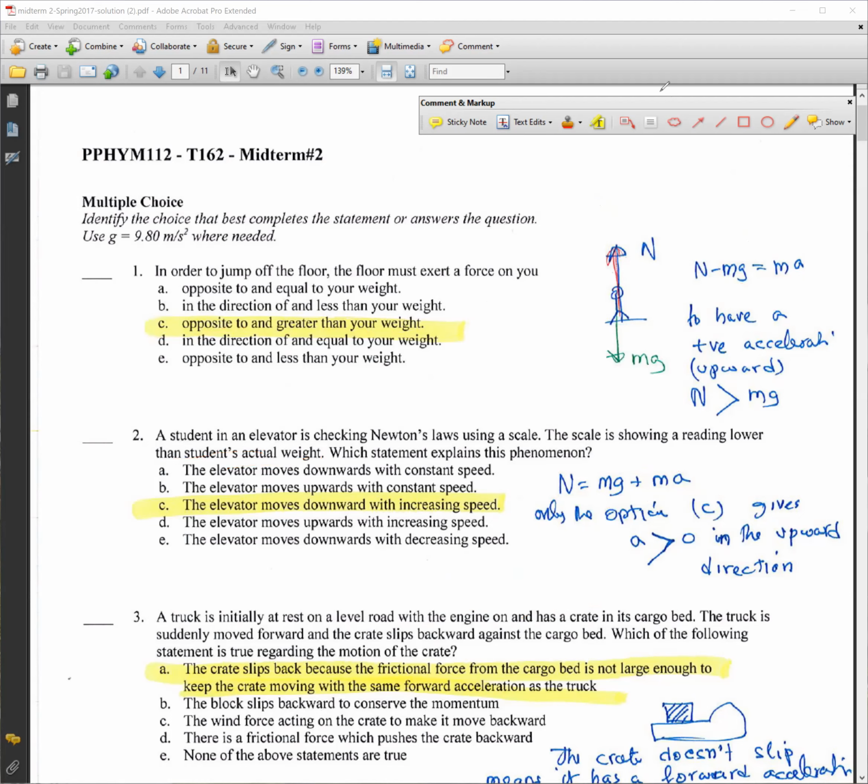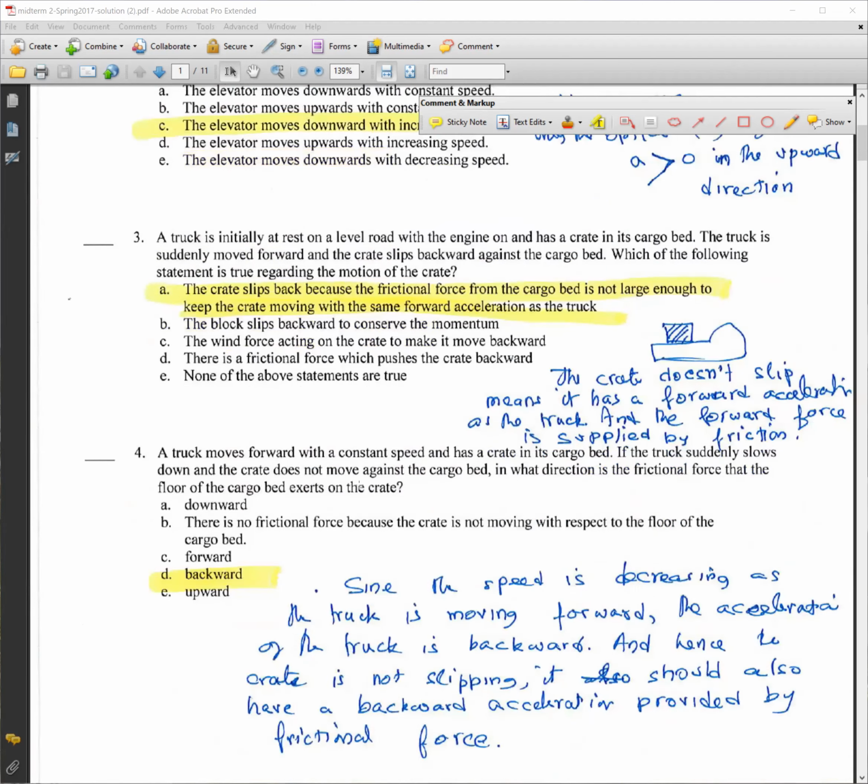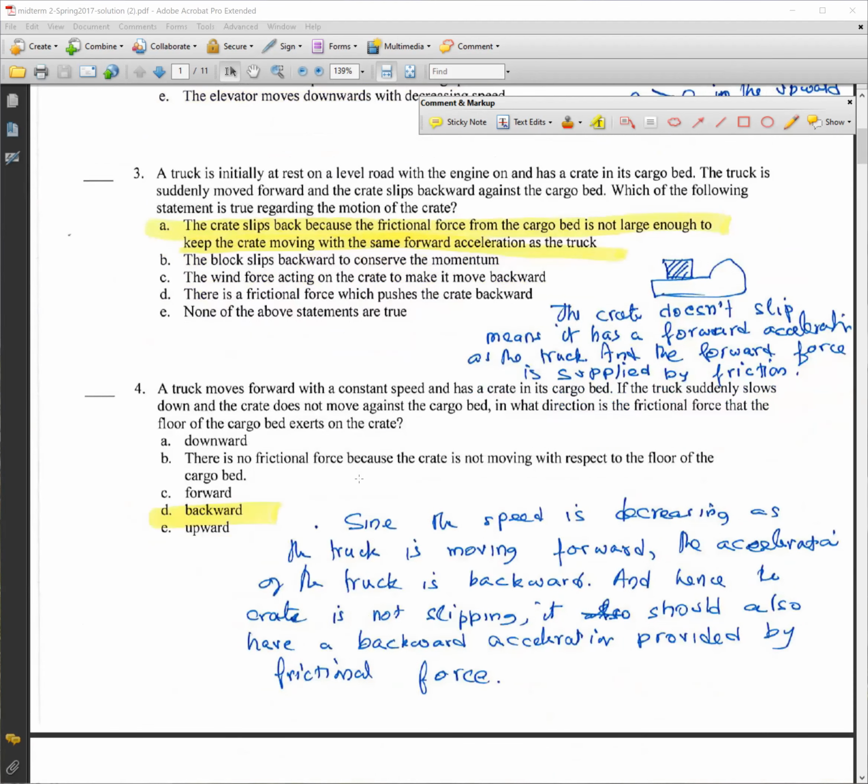Now moving on to question number 3. Now we have the following. A truck is initially at rest on a level road with the engine on and has a crate in its cargo bed.